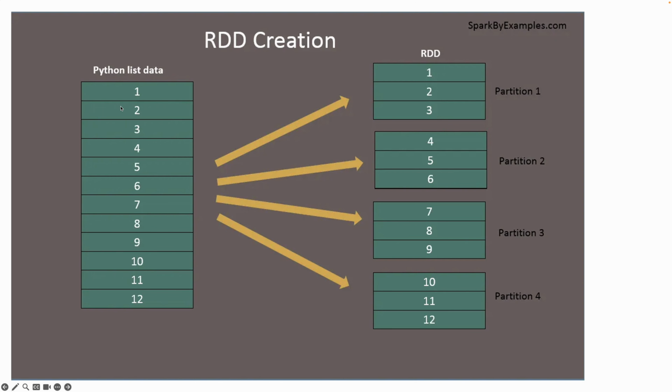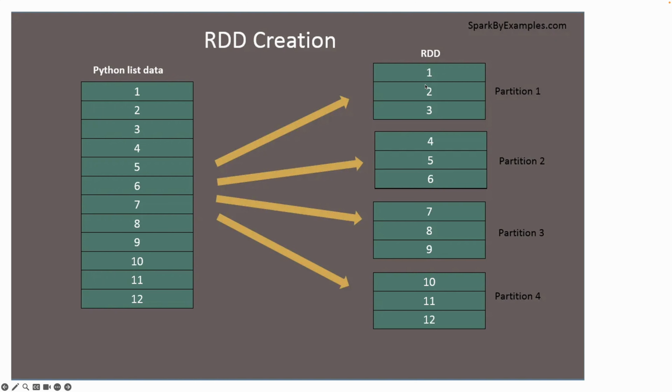Now, if we submit this piece of code to a Spark cluster, then based on the availability of cluster resources, it automatically divides the huge amount of data into smaller chunks, as you can see here. Each one of these small pieces is nothing but an RDD partition.